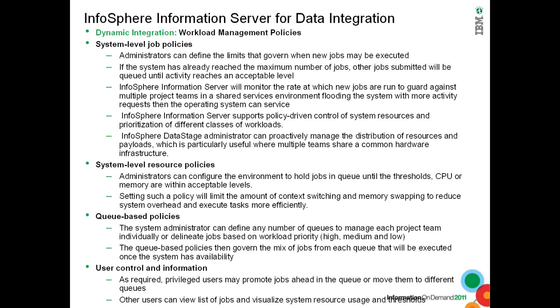This is where you define the parameters through which you control the execution of the job, and guarantee that if resources are not available, the jobs will not necessarily fail, but will wait for the resources to become available and then be executed. Then there are resource policies, where you define thresholds on CPU and memory usage, so you can throttle the requirement based on system level resource policies.